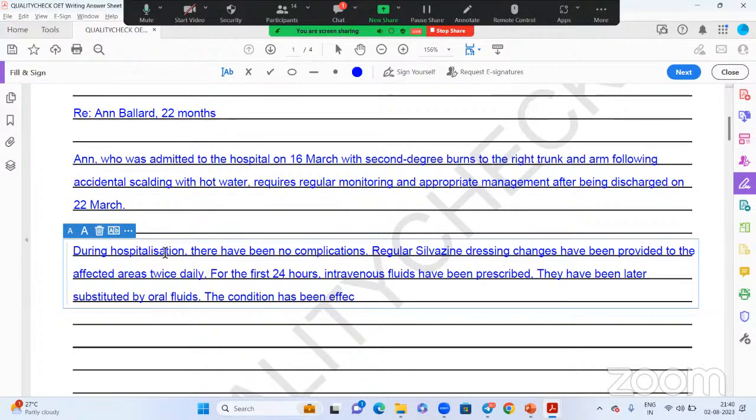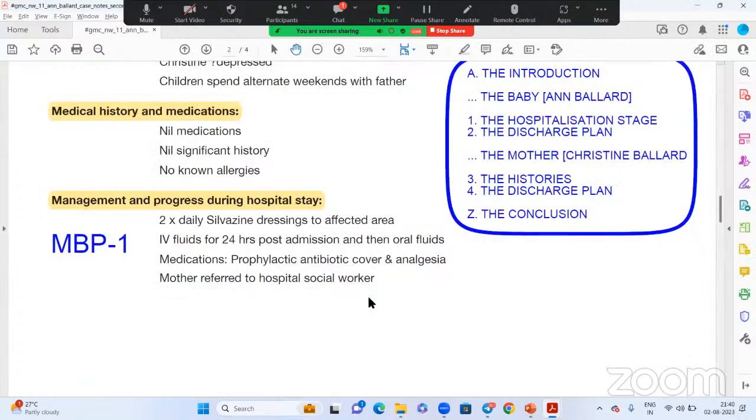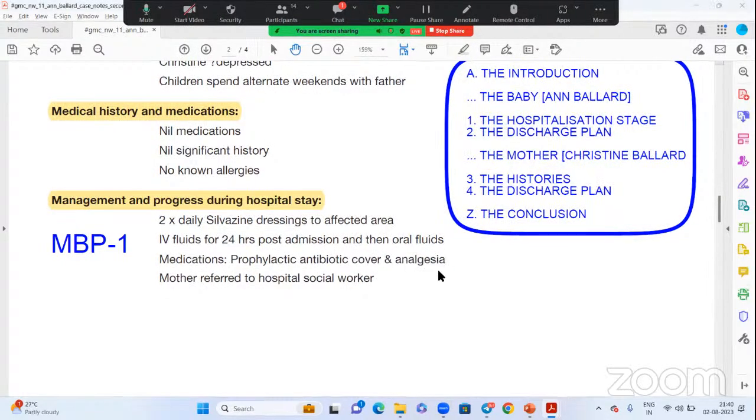Write in present perfect tense, don't write in past tense. Has been. The condition has been effectively managed with prophylactic antibiotic cover and analgesia.